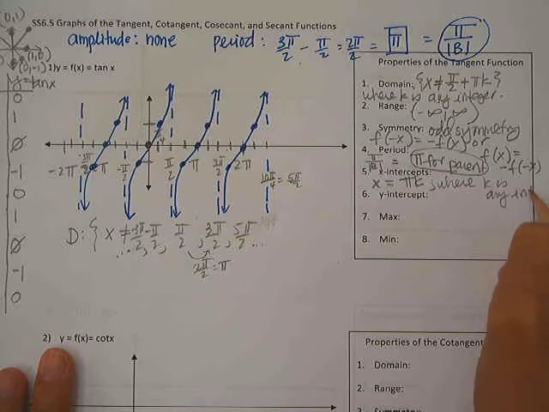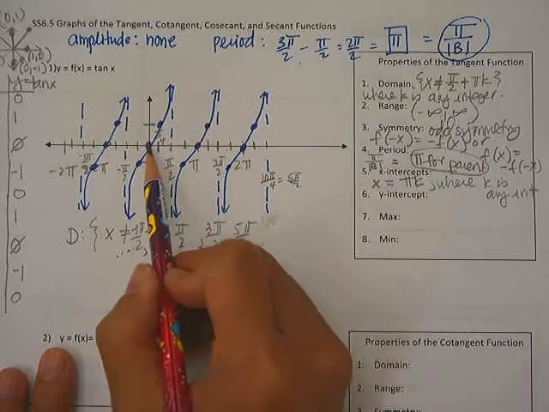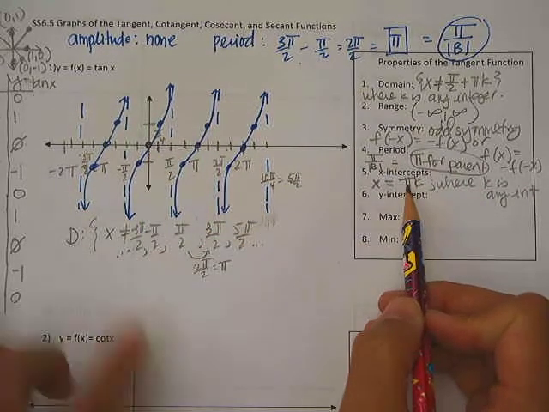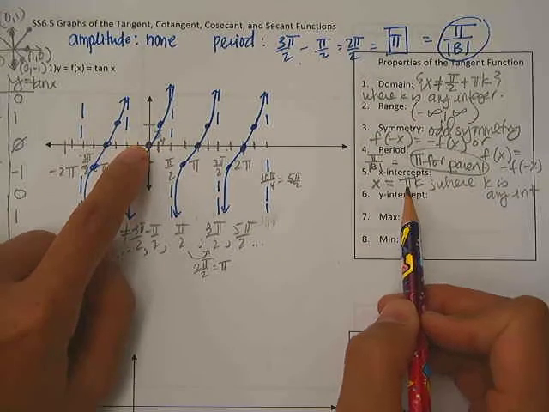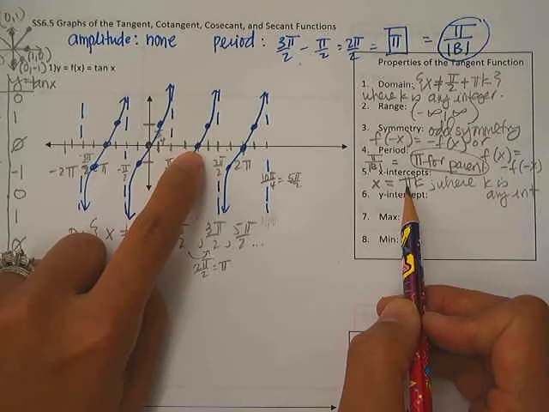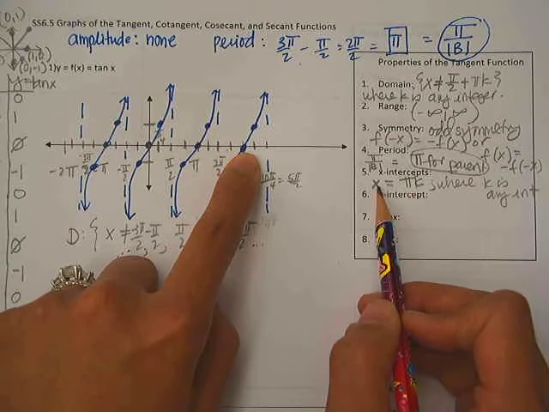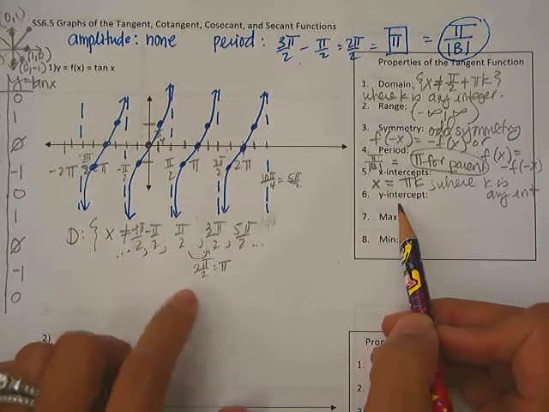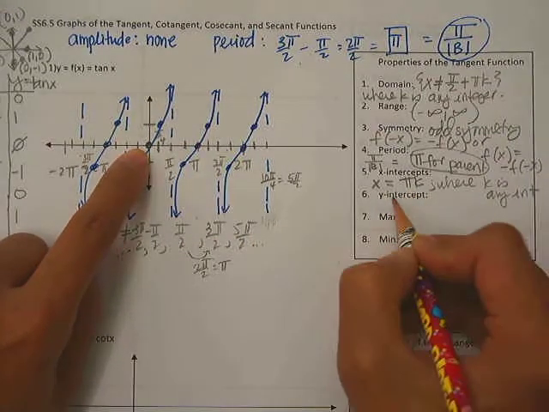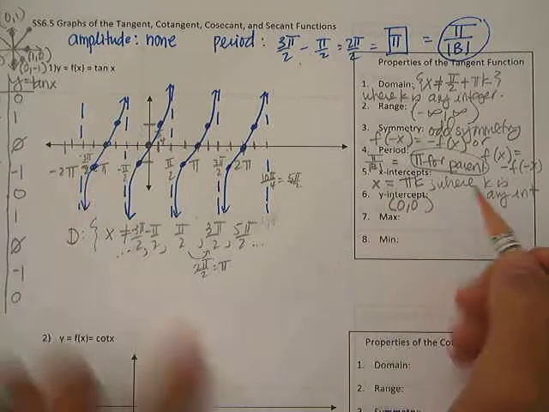Because if I start at 0, when k is 0, I would have one at 0. When k is 1, I would have an x-intercept at pi. When k is 2, I would have an x-intercept at 2 pi. Y-intercept, you only have one location, which is (0, 0).